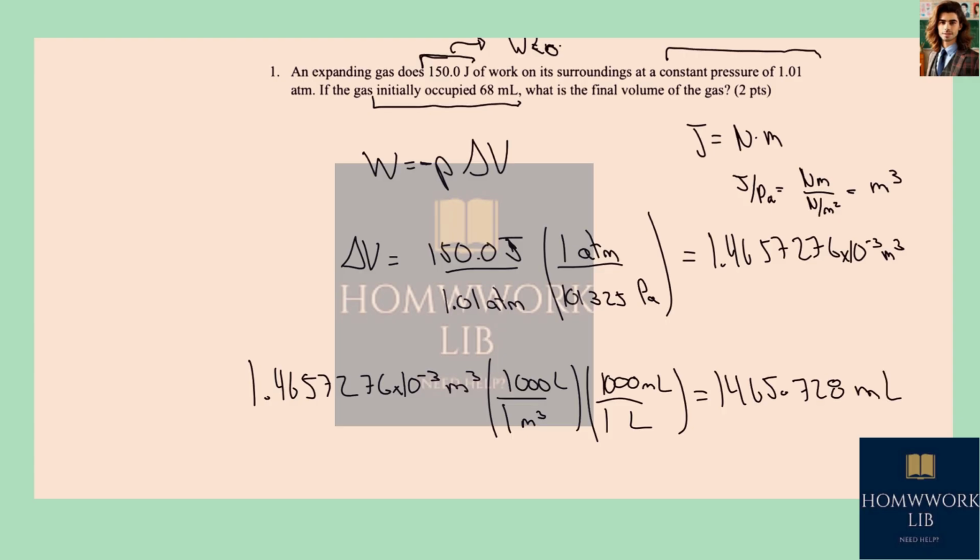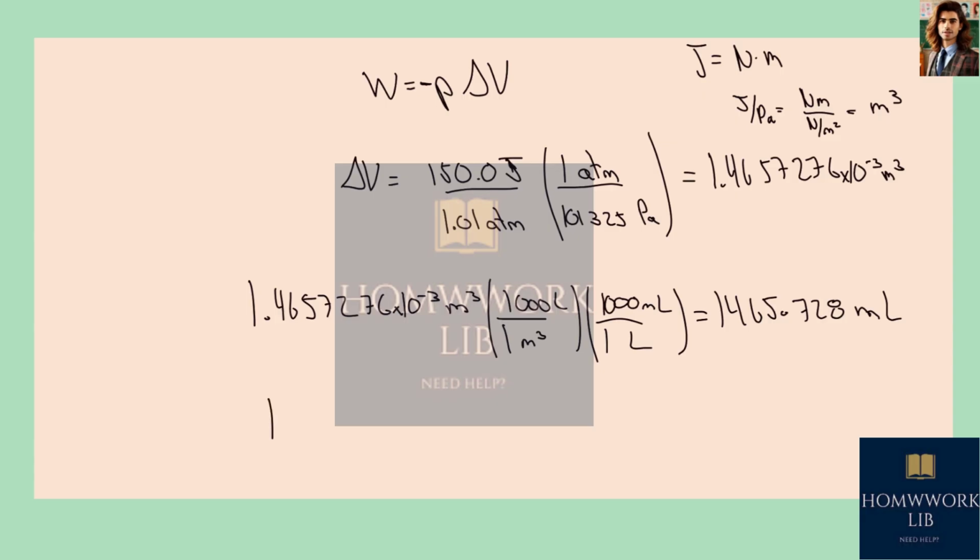This would be our change in volume. Over here, we can round it up as 1,465.73 milliliters. And this is equal to the change of volume, which is final volume minus initial volume.